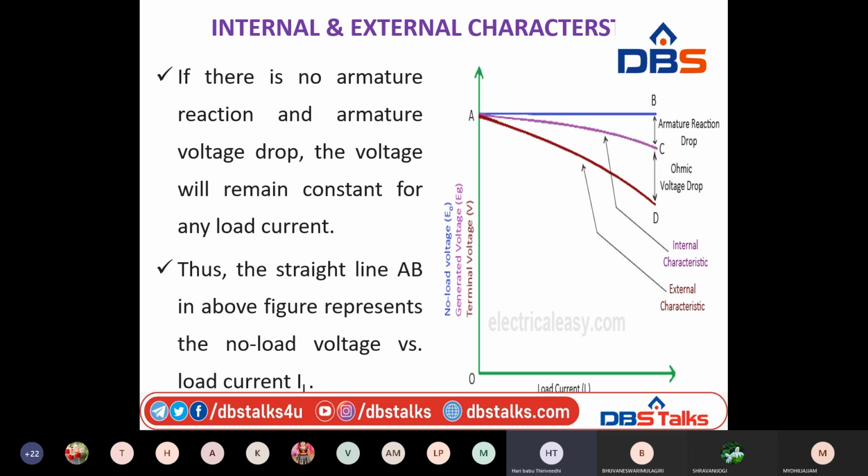Now go for the internal and external characteristics. Let E naught be the no load rated voltage, which drops by E due to armature reaction. So this is the armature reaction drop.